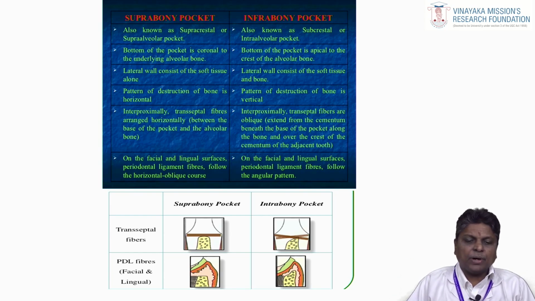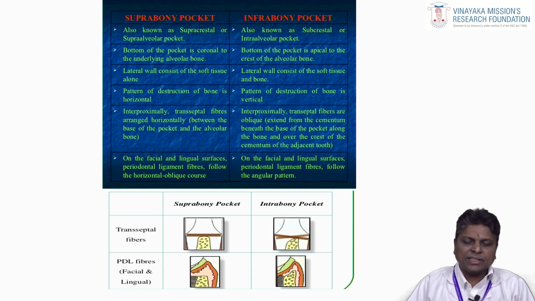When you come to the interproximal areas, there are the transeptal fibers. You may all know them: in between the two teeth, above the crest, they pass transversely. This will be discussed in your gingival and periodontal ligament chapter.